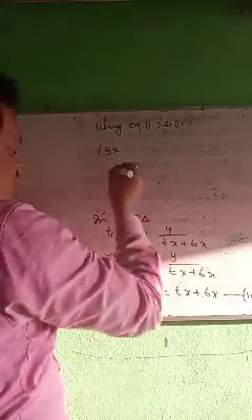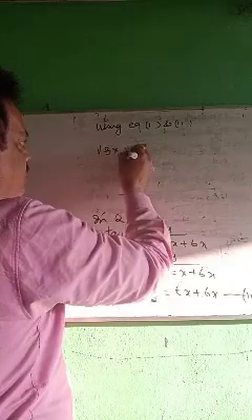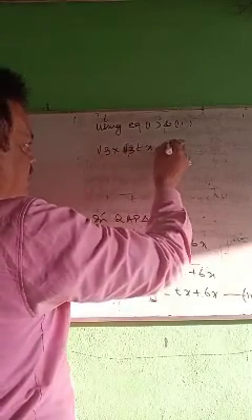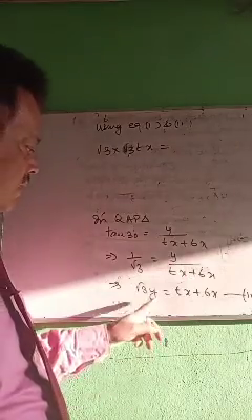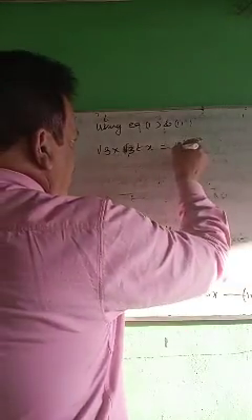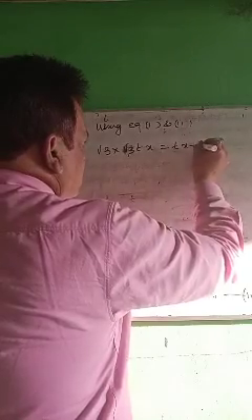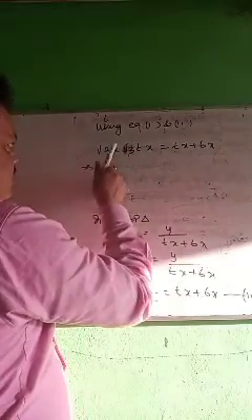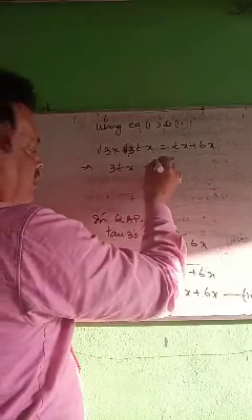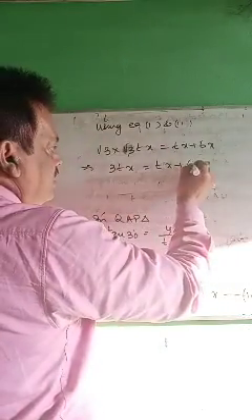Root 3 into y equals to root 3 into root 3 tx, that is tx plus 6x. Root 3 into root 3 is 3. 3 tx is tx plus 6x.